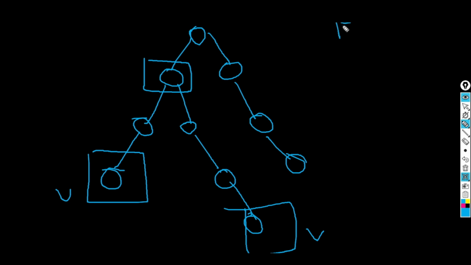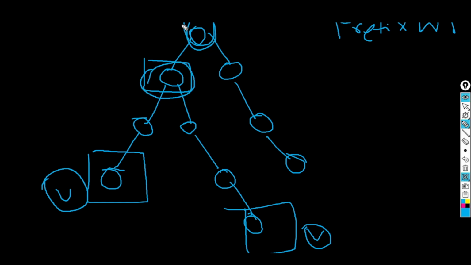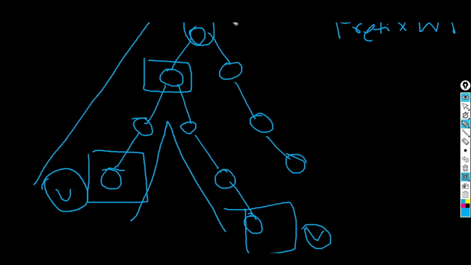Remember that we already have a prefix weight. This prefix weight is going to tell us the distance of U from the root node, distance of V from the root node, and now that we have the LCA, the distance of the LCA from the root node. How is that going to help us? Well, this is the distance that we want. This is the distance that we have, right?